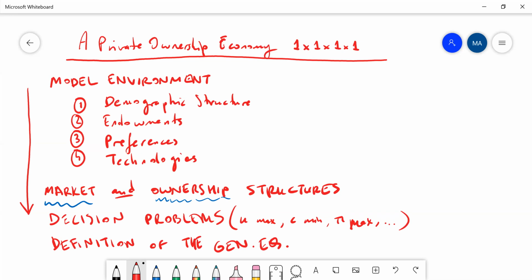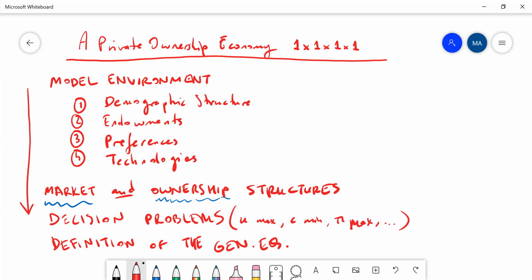So after the market and ownership structures, you can formally define the utility maximization problems and the firm problems. The solution of these decision problems will give you market demands and market supplies of different goods and production factors. Then, using market clearing conditions, you can define your general equilibrium.